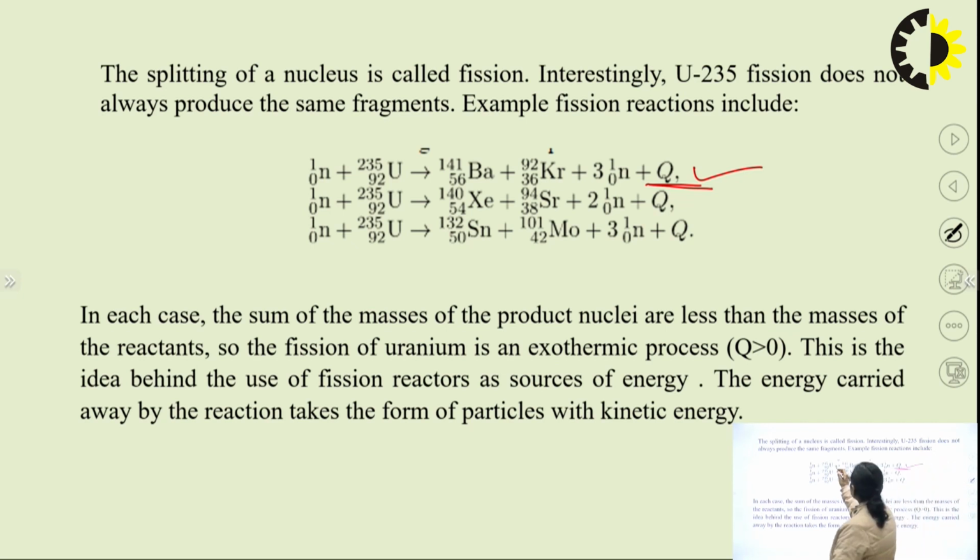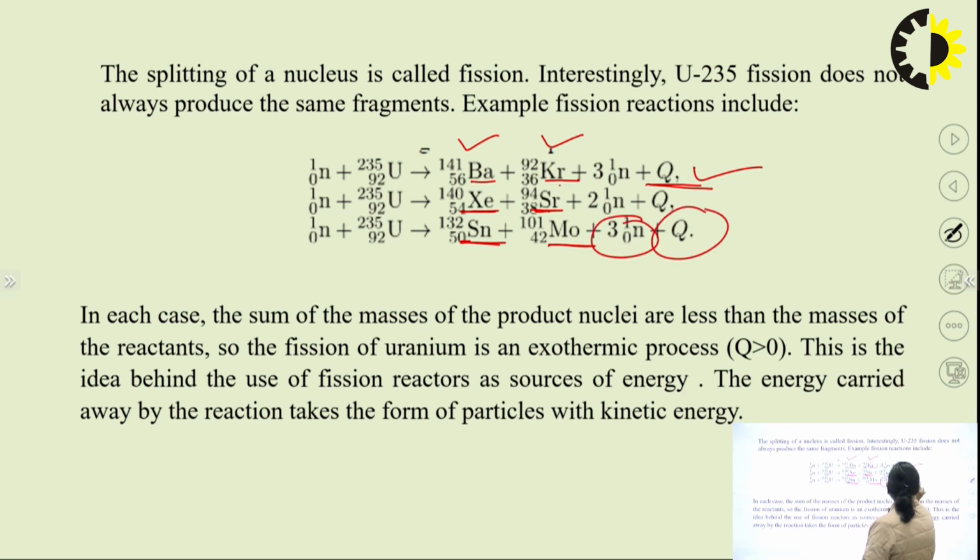In the fission of uranium-235, the daughter nuclei produced are Ba and Kr. It may result in daughter nuclei as Xe and Sr. It may result in daughter nuclei as Sn and Mo. 3 neutrons are produced here as well, and a certain amount of energy is released. A high amount of energy is actually released.